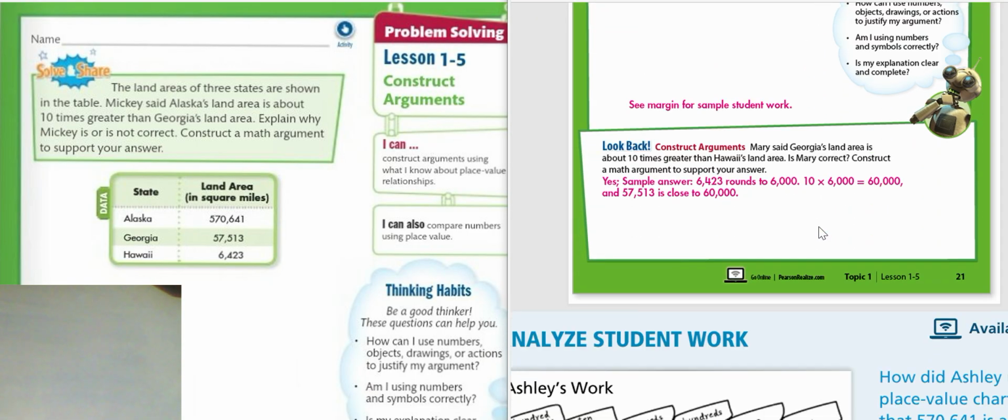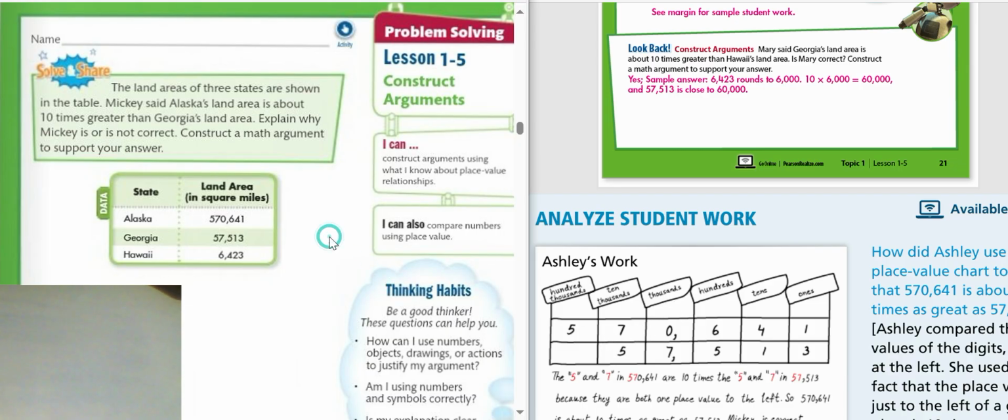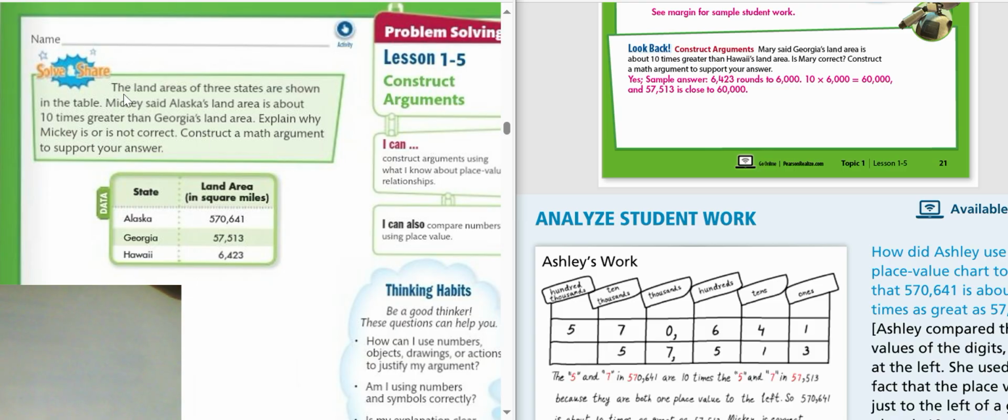In this example, we can do the value of digit. 1 in the ones, 4 in tens, 6 in hundreds, 0 in the thousands, and so on. He asked about what here? In this example, look at here. Land areas of 3 states are shown in the table, Alaska and Hawaii in the next place.